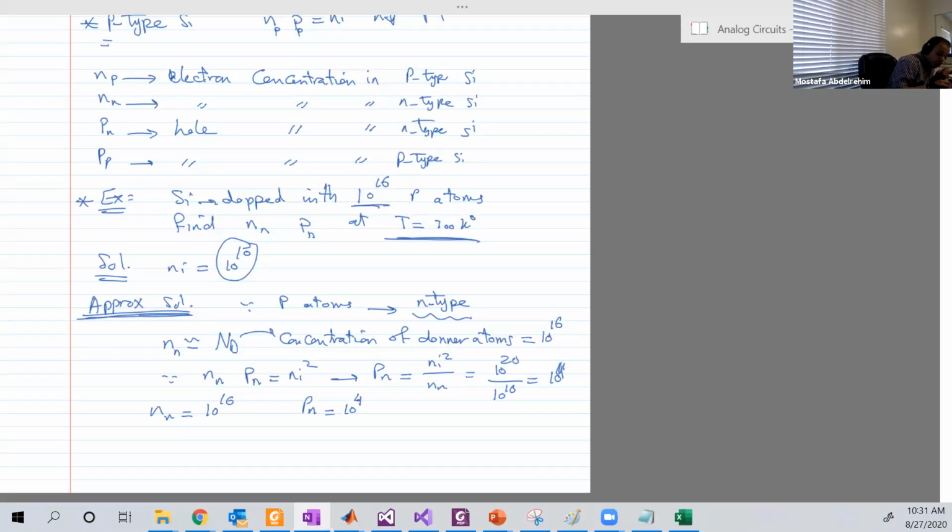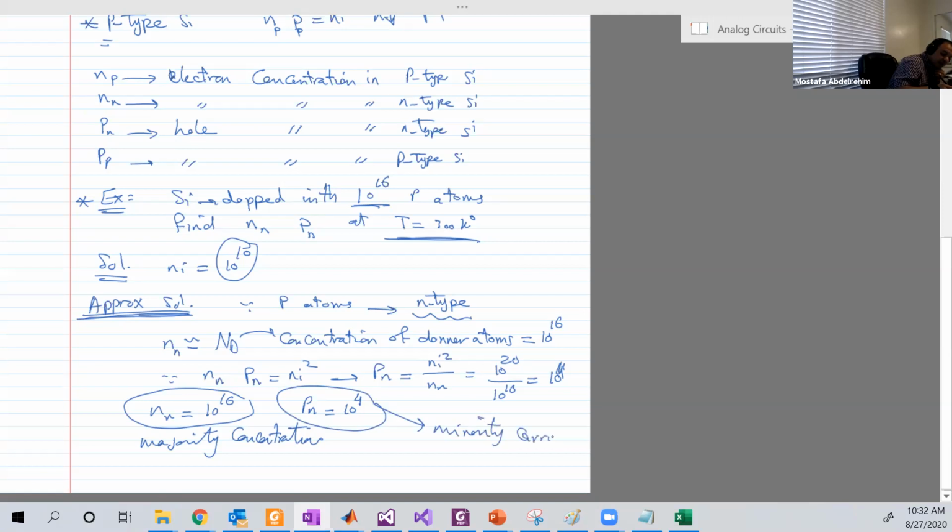And in that case, we call Nn the majority carrier concentration, and we call this, of course, minority carrier concentration. Any questions so far? We're good to go.